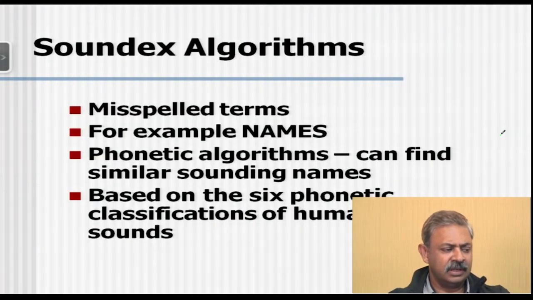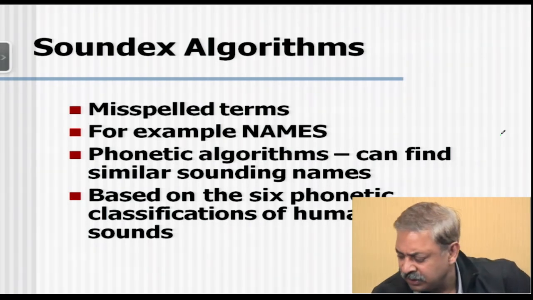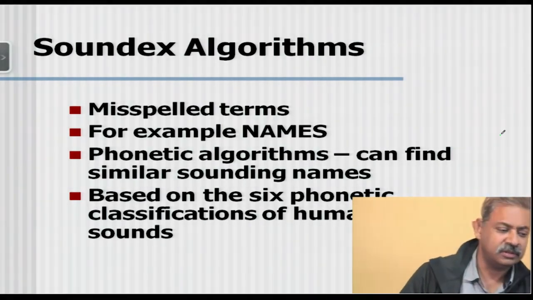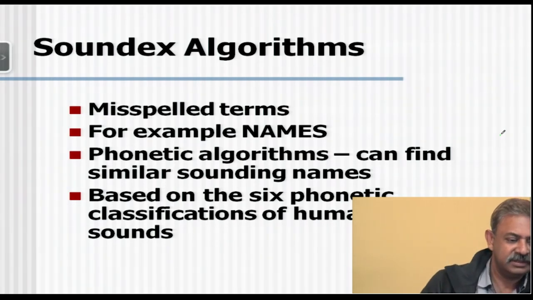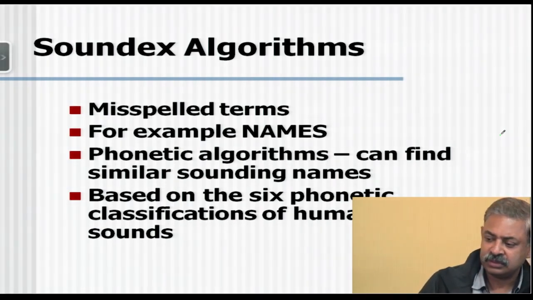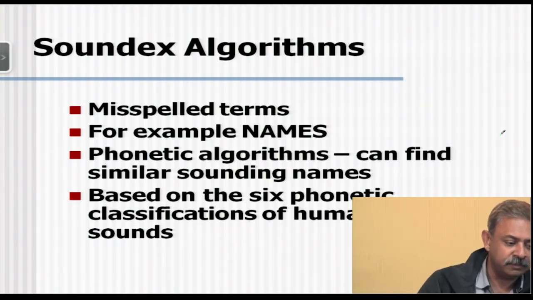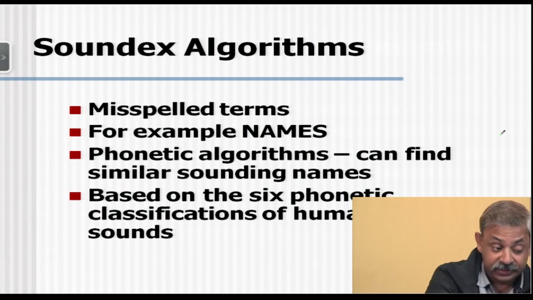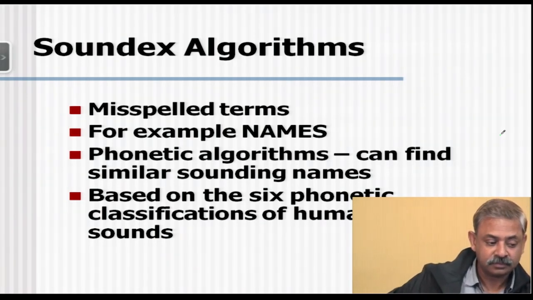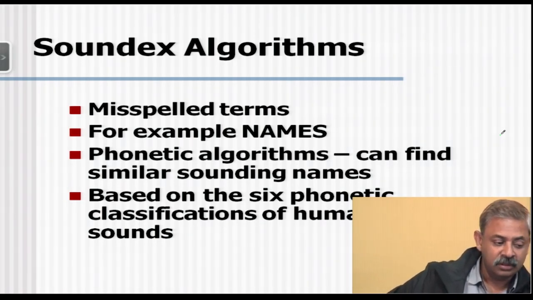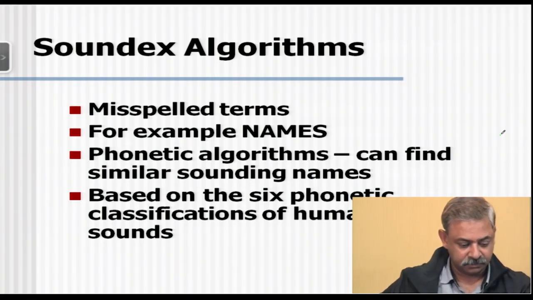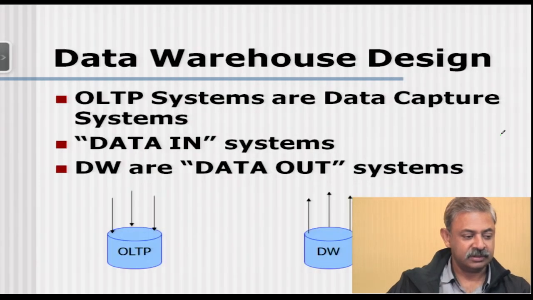And I'll just point out, although this does not fall directly in the flow of things, an interesting set of algorithms that are used most often in cleaning data, especially for misspelled terms, for example names. They work on what are called phonetic sounds, and they can be used very effectively for deduplication and other things.